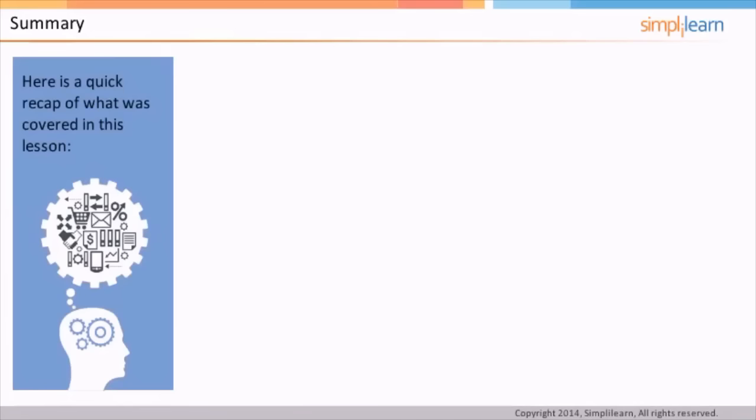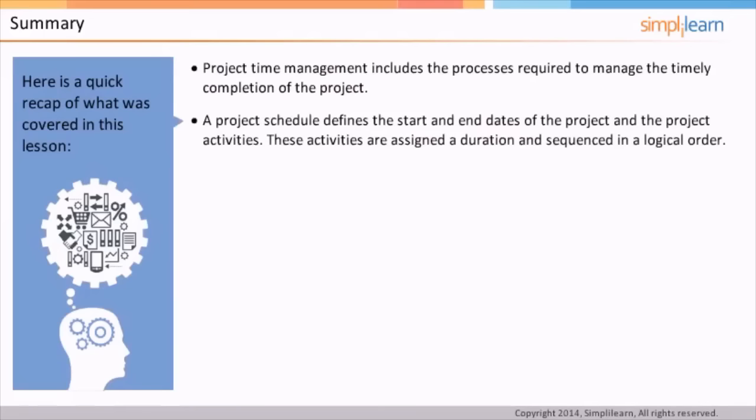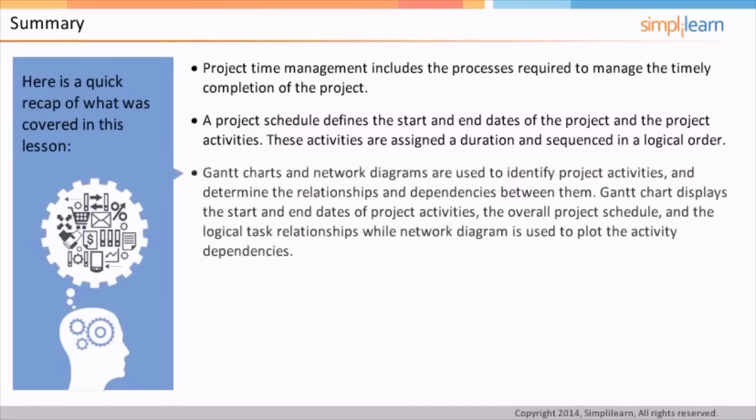Here is a quick recap of what was covered in this lesson. Project time management includes the processes required to manage the timely completion of the project. A project schedule defines the start and end dates of the project and the project activities. These activities are assigned a duration and sequenced in a logical order.